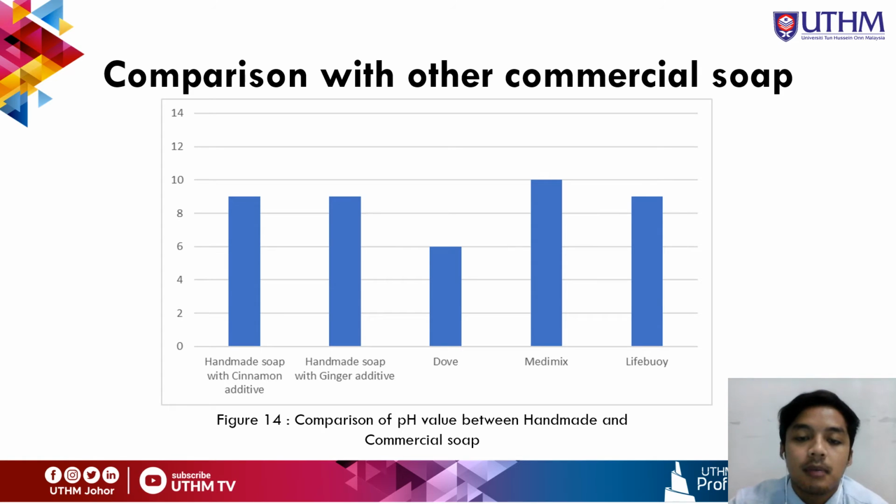Okay, from this table, it can be concluded that the handmade soap with plant-based additive produces a safe pH value, which is 9, for the soap to be safely used on human skin.